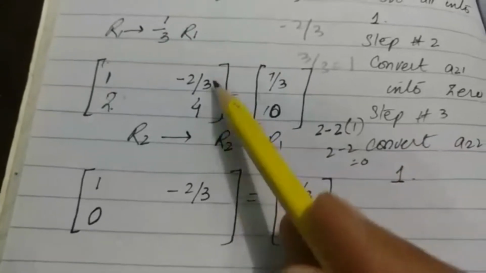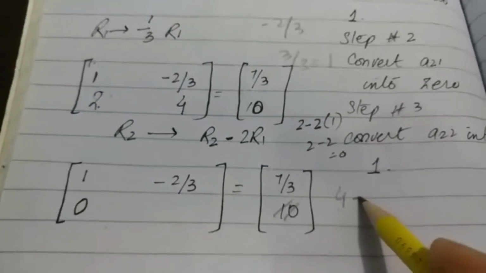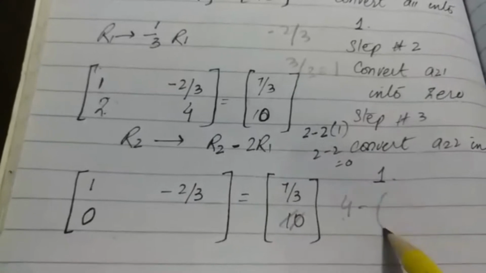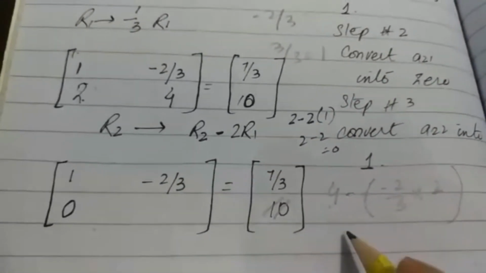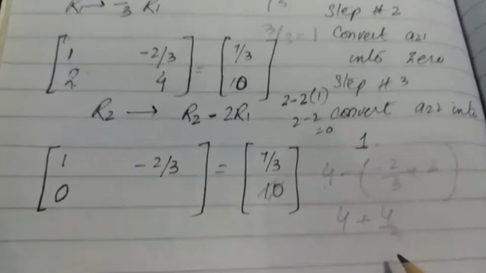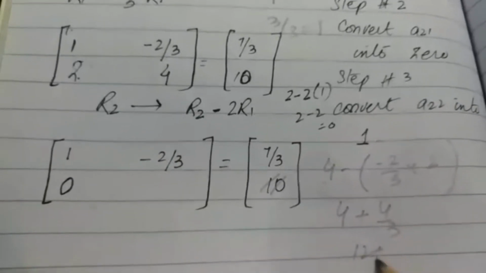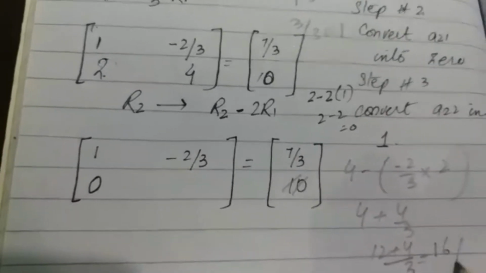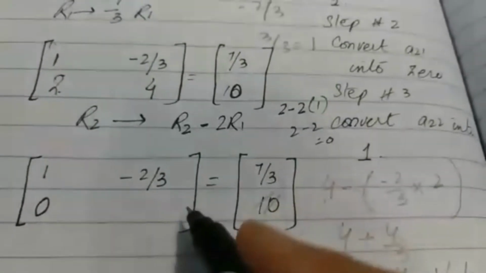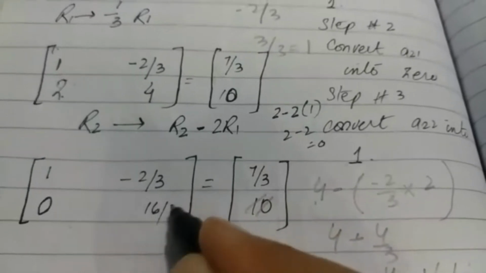It means 4 minus, with minus 2 upon 3, multiplied by 2: 4 plus 4 upon 3, that is 12 plus 4 upon 3, which equals 16 upon 3. So we write here 16 upon 3.